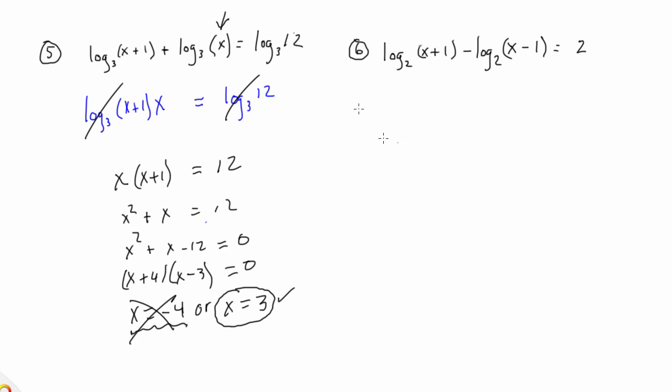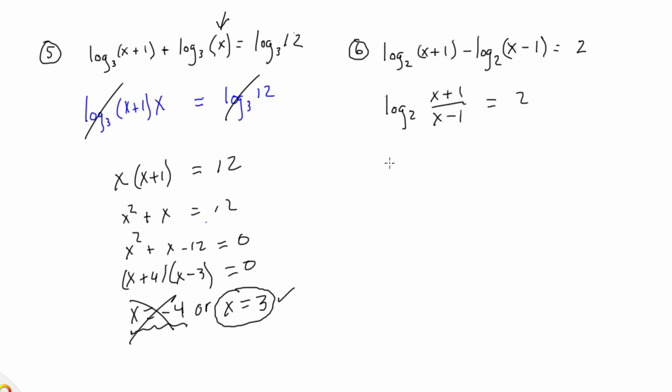Okay, next one. Well, I have subtraction, so I'm going to take these two logs, turn it into one log, and since it's subtraction, I'm going to use division. So it's going to be x plus 1 divided by x minus 1 is equal to 2. So two logs separated by subtraction is going to turn into one log with division.